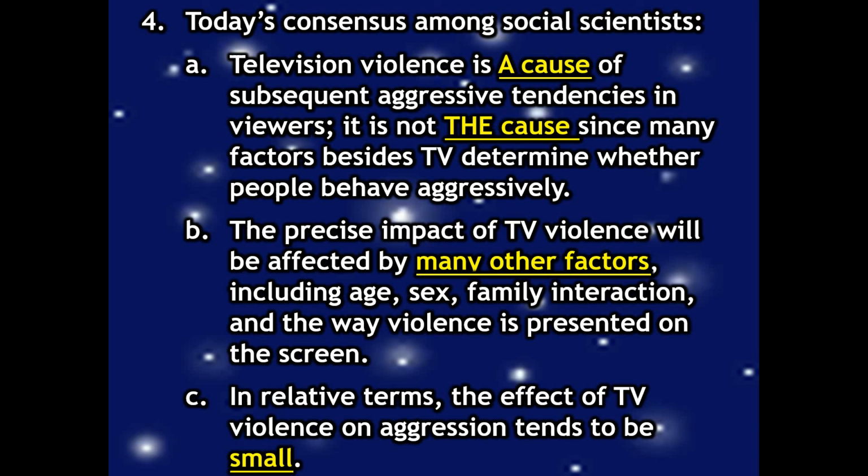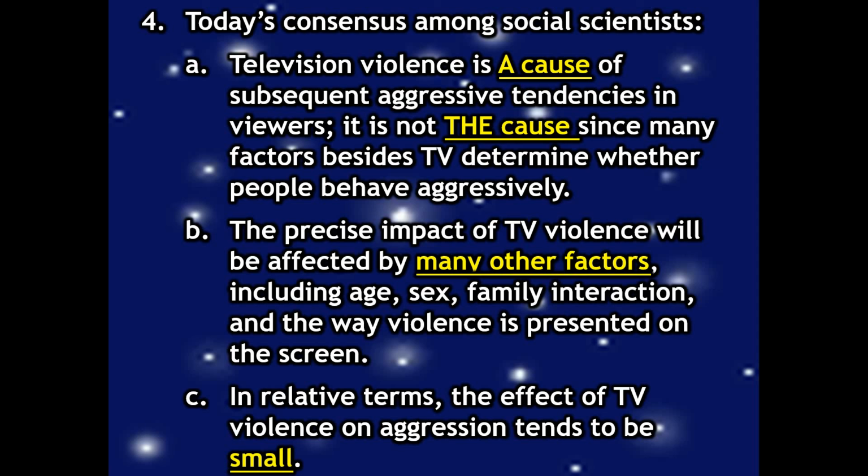Today's consensus among social scientists: first off, television violence is a cause of subsequent aggression tendencies, but it is not the cause, since many factors besides television determine whether people behave aggressively. This is because it's pretty much accepted that while watching violence can cause aggressive behavior, the amount that it does so is not usually going to be that great, and it's not going to be the sole factor of that built-up aggression.